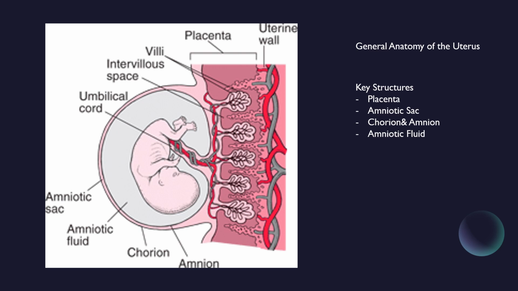For this presentation, the most important key structures that we will be focusing on are the chorion and the amnion. They serve as the membranes of the amniotic sac, the amnion being the innermost of the two, and the chorion being the outermost. The reason these two are so important to know is that the condition today directly impacts them.